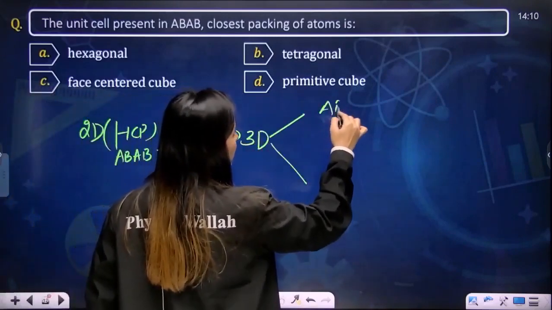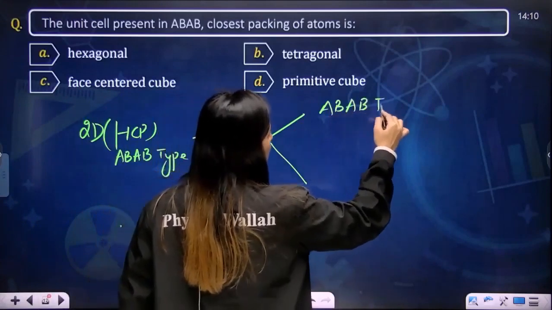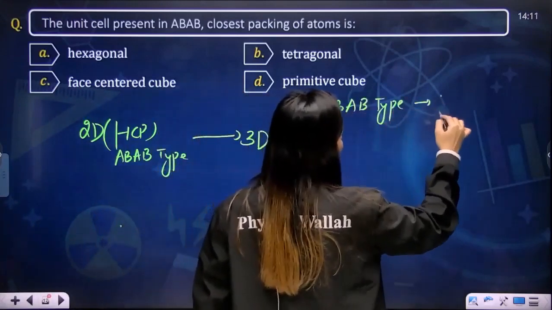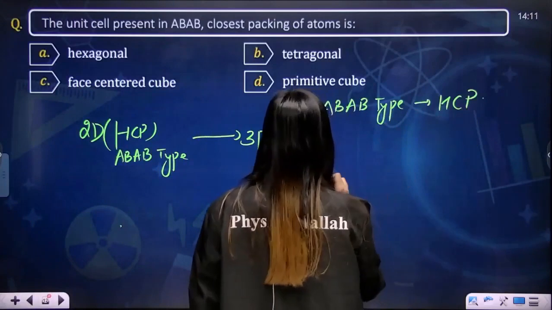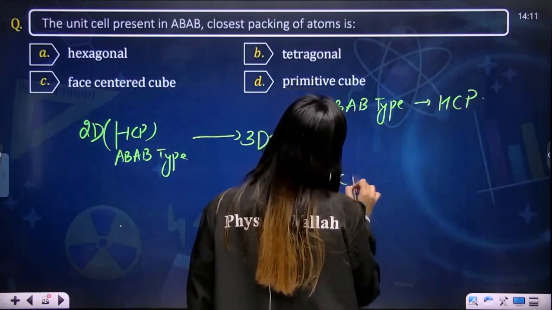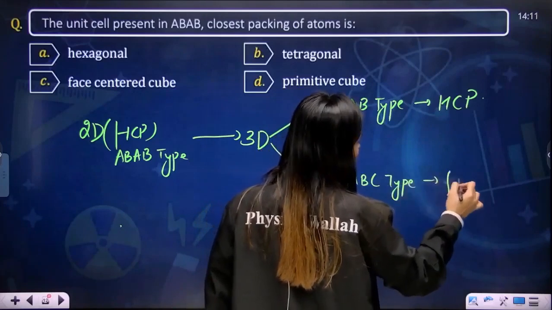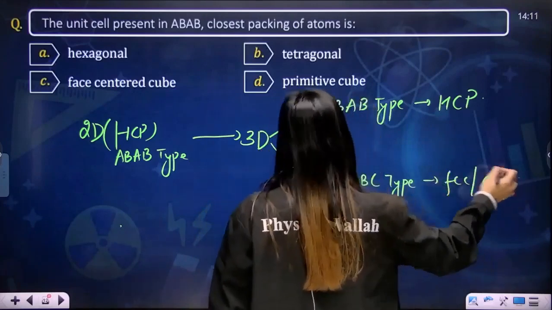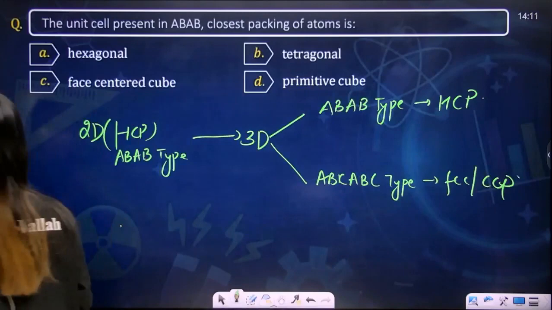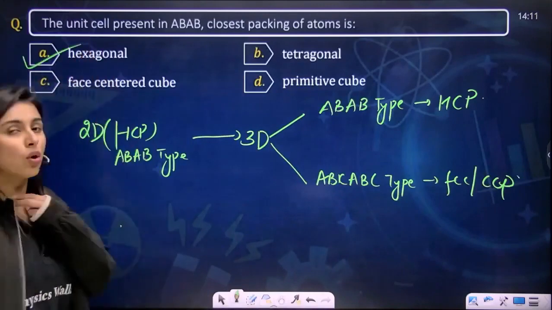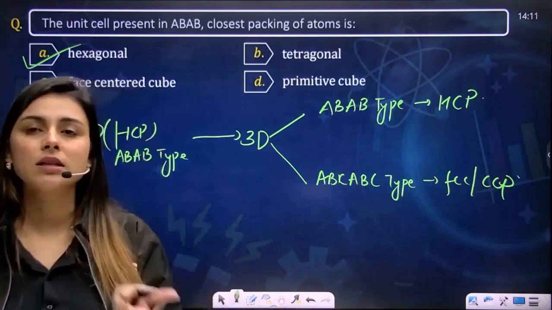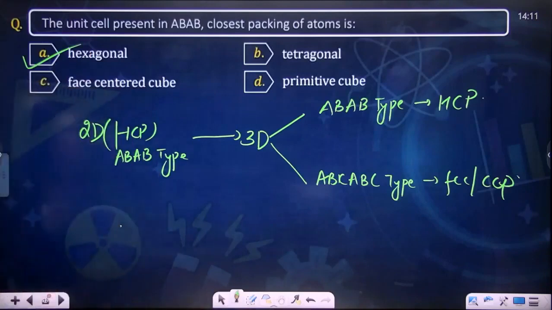Either it could be AB type, this would give you your hexagonal closest packing, or it could be ABC type, and this would give you FCC/CCP lattice, right? Yes, it is talking about AB, so it would be hexagonal. So option A will be your correct answer, right? Yes, perfect. Please write it down.